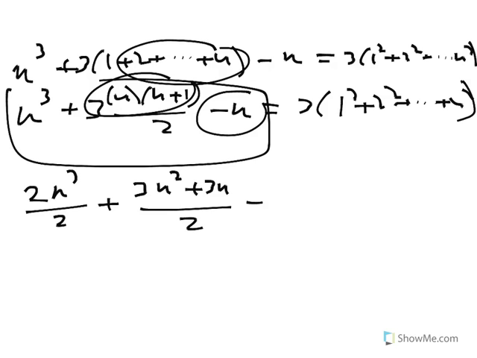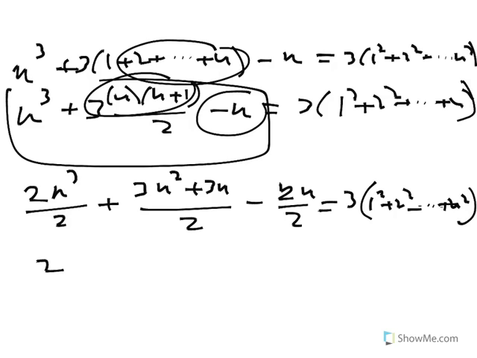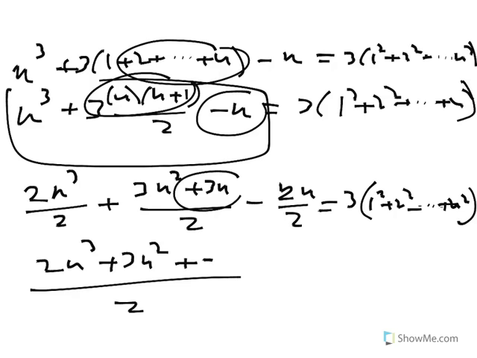And this n minus n is going to be minus 2n over 2. We get the common denominator. Okay, so common denominator of 2, so I get 2n cubed plus 3n squared plus 3n minus 2n is just plus n.